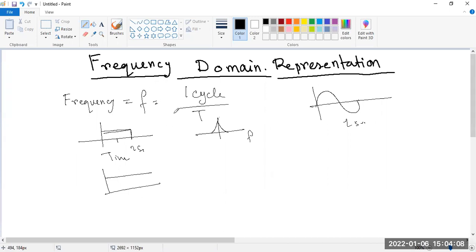Whatever we represent up to this, in our normal work, is the time domain, because the x-axis is time, and we see what the response will be as per time. But in the frequency domain, this x-axis is converted into frequency. So that is called the frequency domain. One by one I will give you some examples.